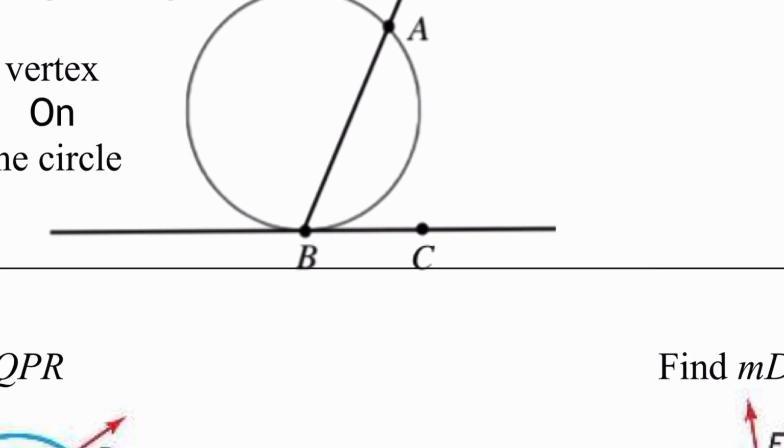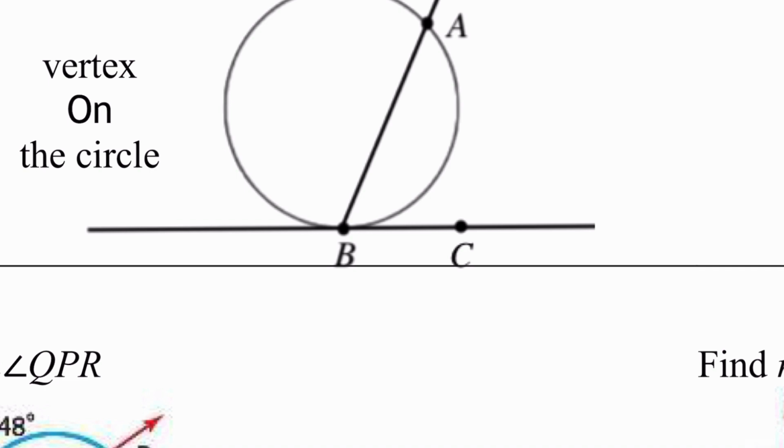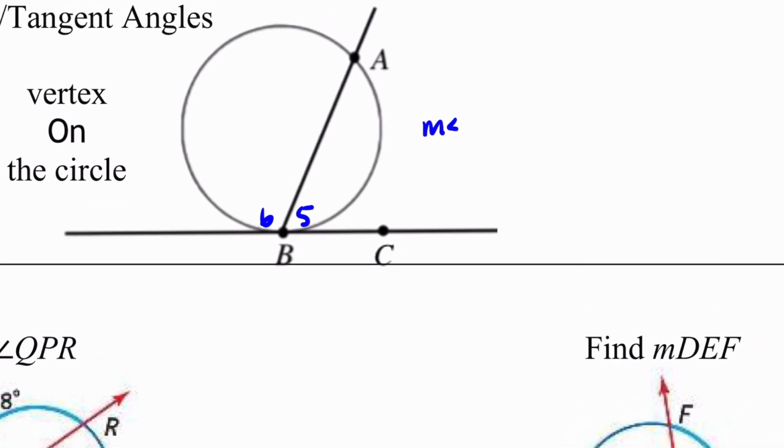Suppose I call this angle 5, and this angle 6. The measure of angle 5 is equal to 1/2 of the measure of arc AB.